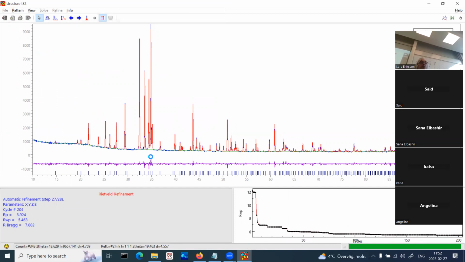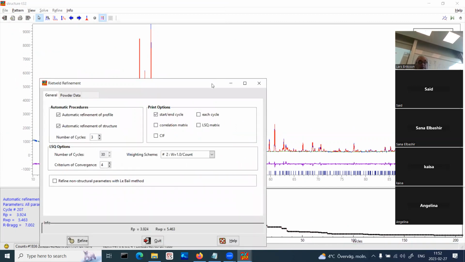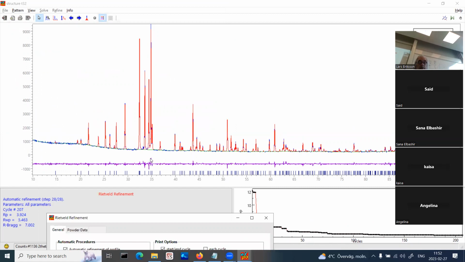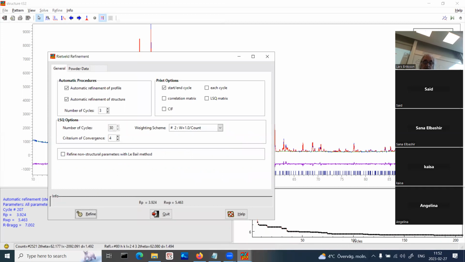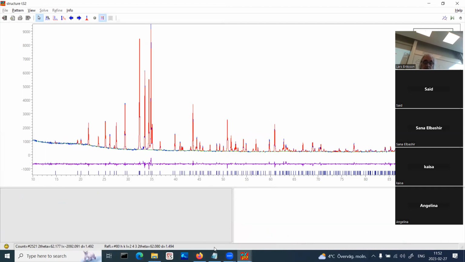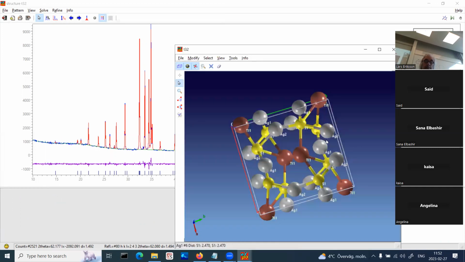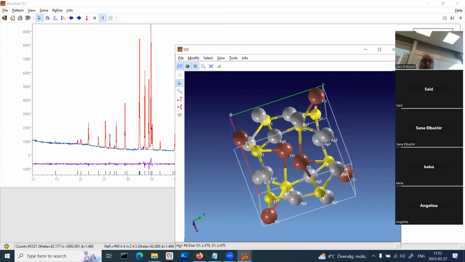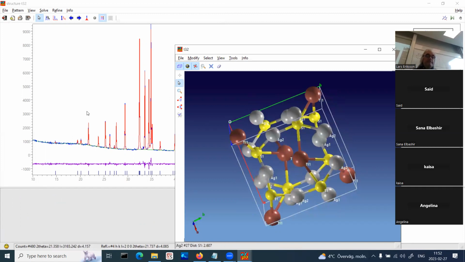There are some problems with fitting the big peaks here, definitely some bad fit, but otherwise I would say that this is probably the structure. So quit this one and have a look at it. A bit black box, and one could be happy, lucky when everything goes by automatic.